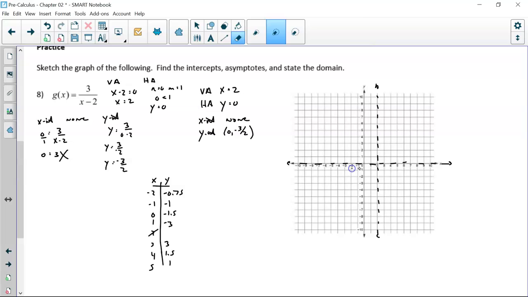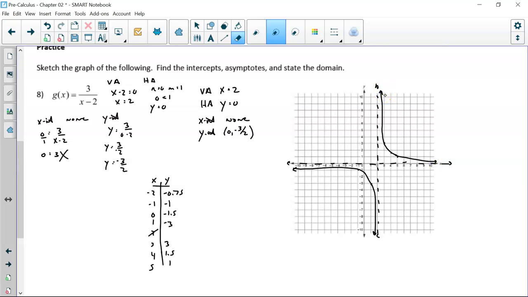Negative 2, we're at negative 0.75, negative 1, negative 1.5, negative 3. So the left-hand side looks like this. And on the right-hand side, we're at 3, 3, 1.5, and 1. It's going to look like this as we approach that asymptote.